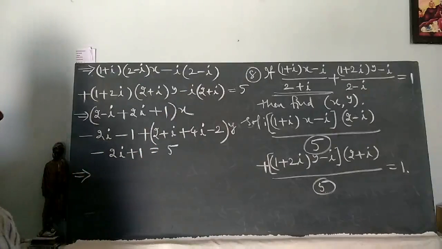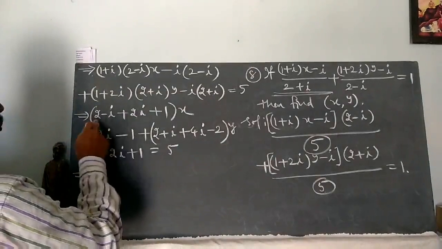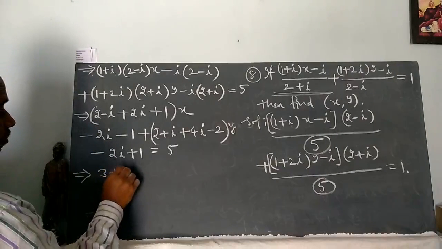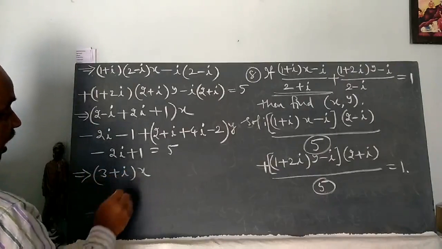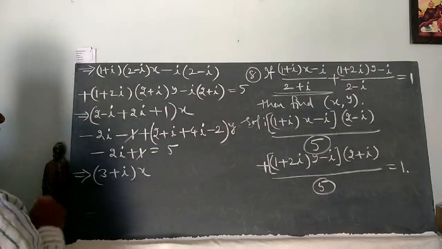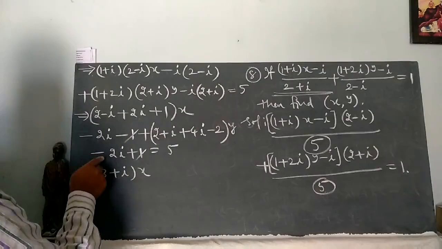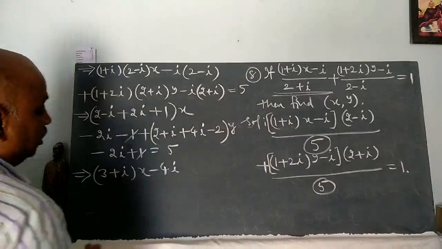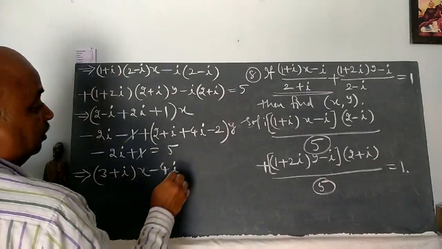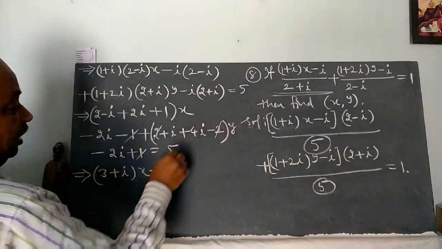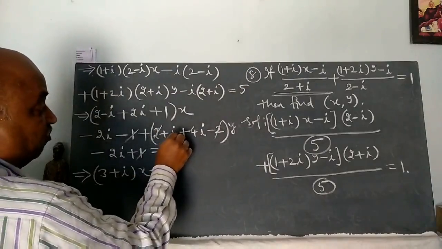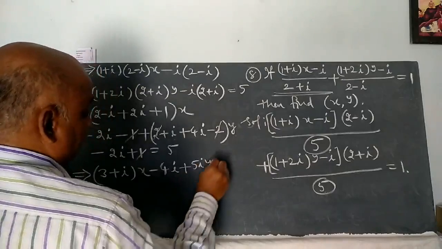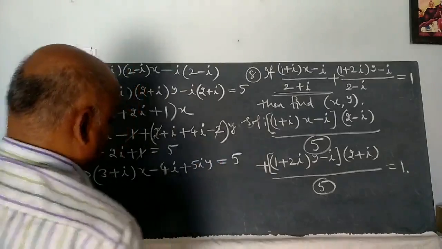This implies 2 + 1, 3, and 2i − i, which is plus i, into x. Here plus 1 minus 1 get cancelled. Minus 2i, which is minus 4i. Again minus 2 plus 2 get cancelled. 4i plus i, 5i, into y. So 5i into y is equal to 5.